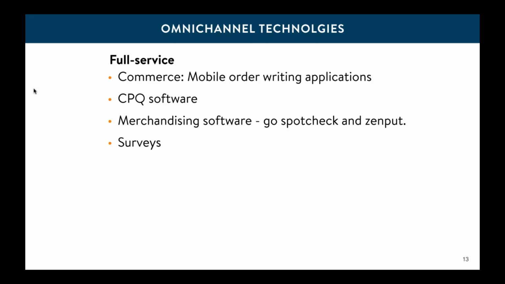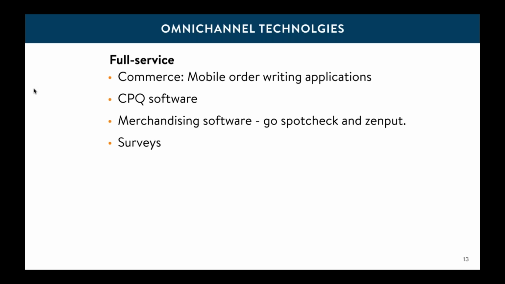So knowing now about both full service and self-service transactions, let's talk a little bit about what technologies really support this holistic omni-channel approach. On the full service side, suppliers are using mobile ordering apps like Handshake for their sales reps to take care of the transactional element of the sale. There's also CPQ, or configure price quote software.